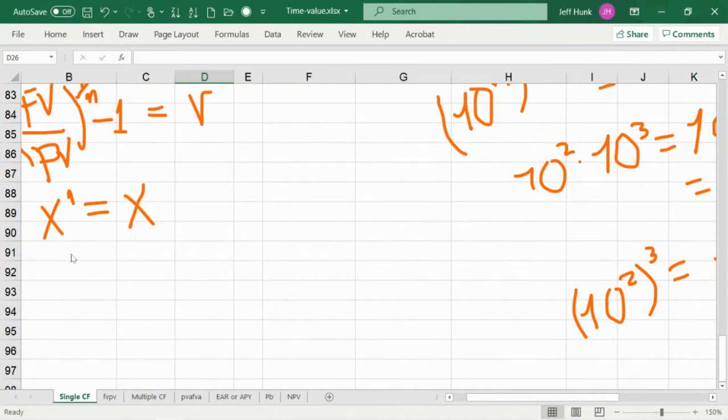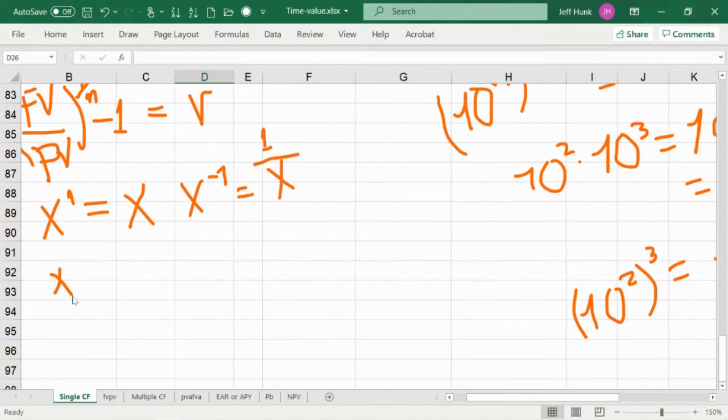You all understand that. And the reciprocal, negative power, x raised to -1, you all know it is 1 over x, right?